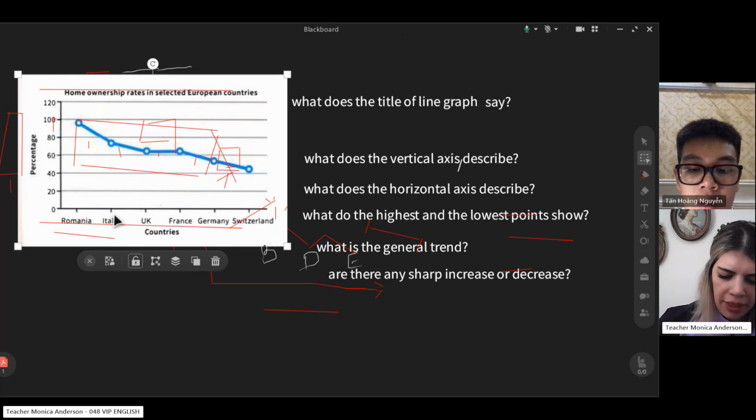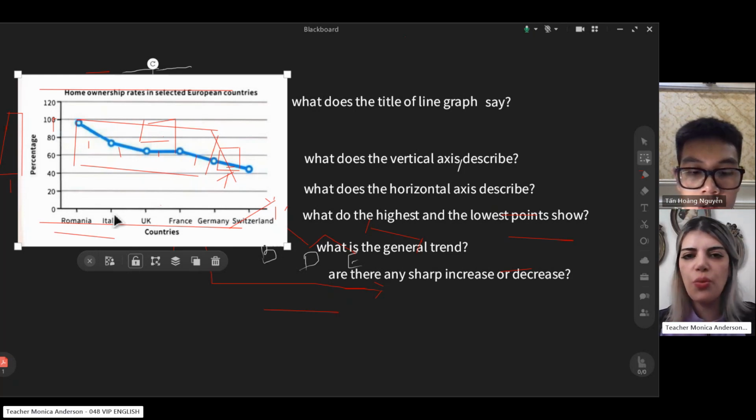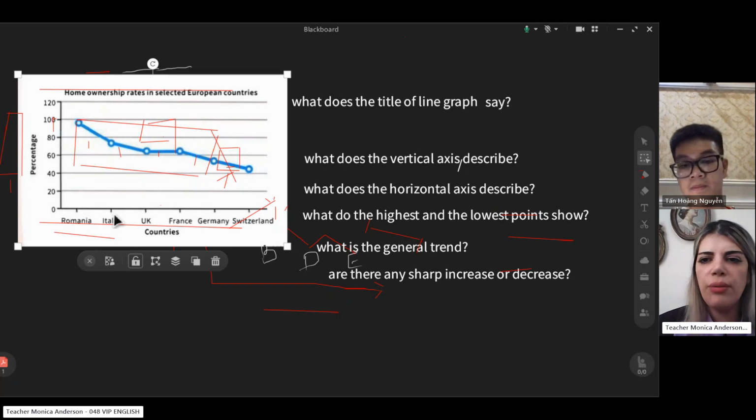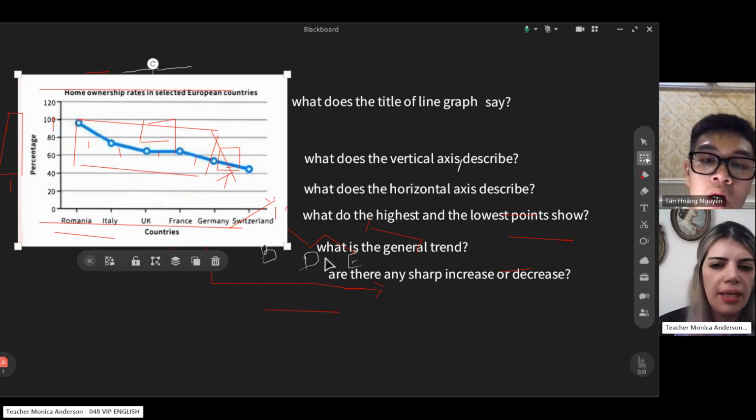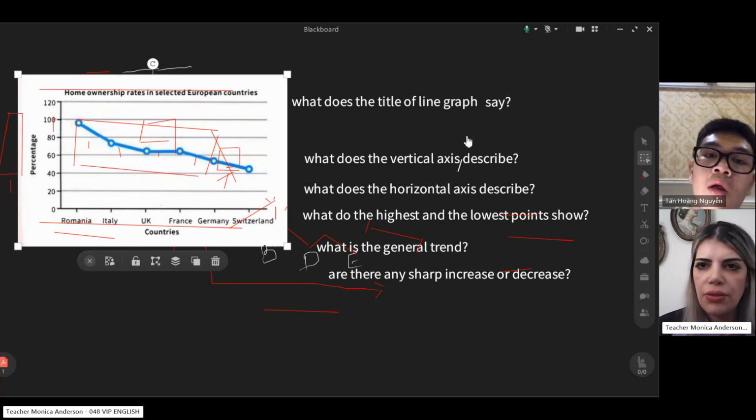Well, I hope you can see it clearly. This is actually an IELTS academic writing task 1. So let's do this together, and I think it will be really clear. Just let me clean the board to write it together, okay?